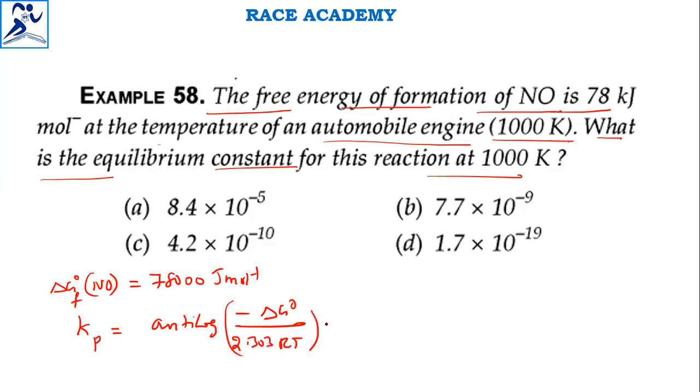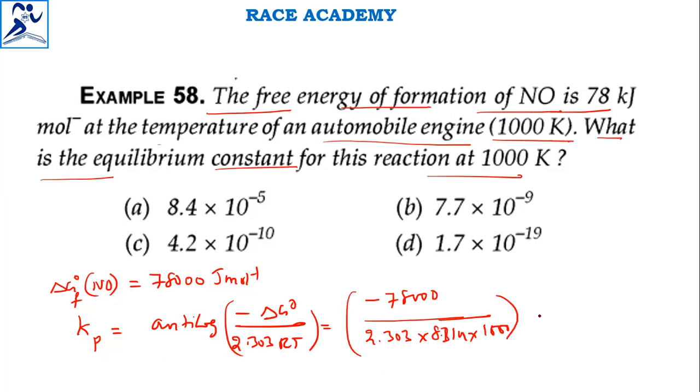If we substitute the values, it will be minus 78,000 divided by 2.303 into R value 8.314 into temperature given in the question, 1000.